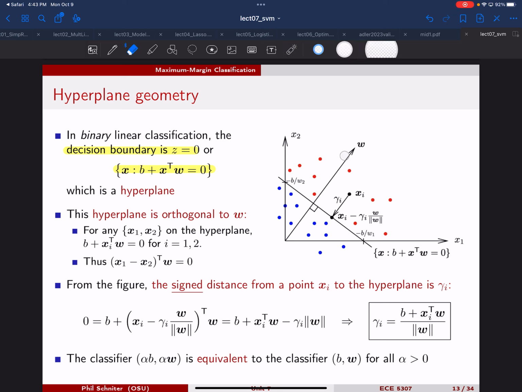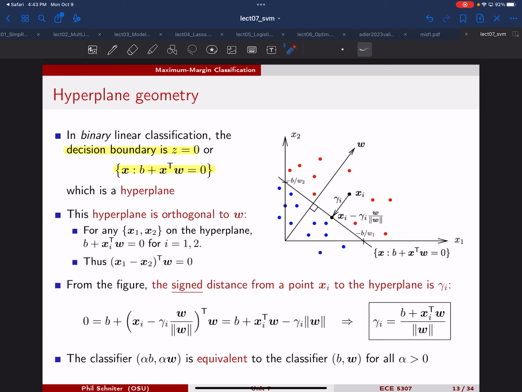In this picture, we have, let's say, red samples and blue samples, and this happens to be a linearly separable data set. So we can put different lines or different hyperplanes in here that separate the data. But for these particular choices of b and w, that generates a very particular line that happens to sit right there, and that's our decision boundary.